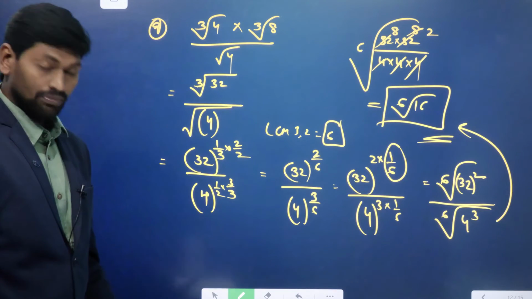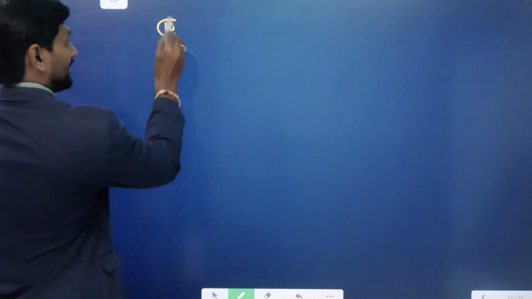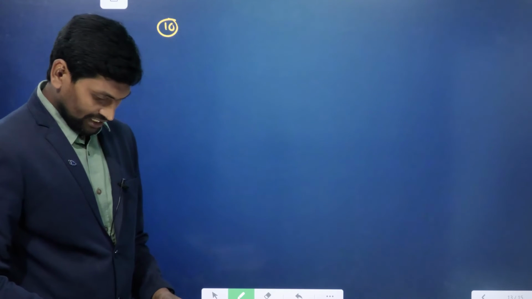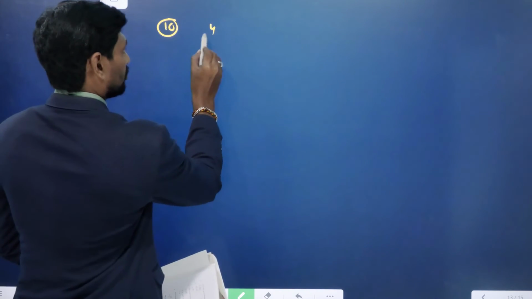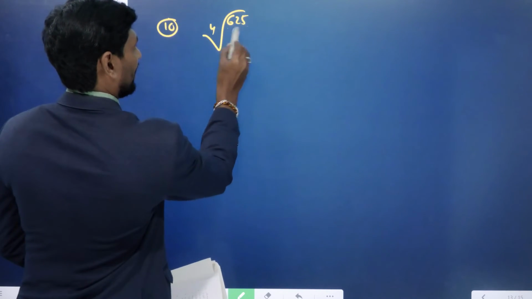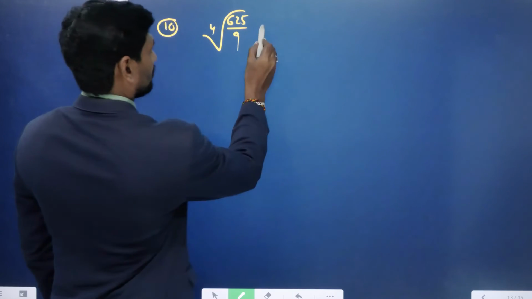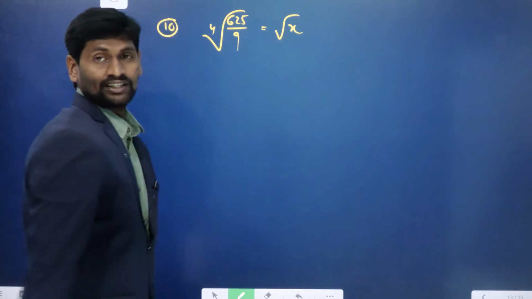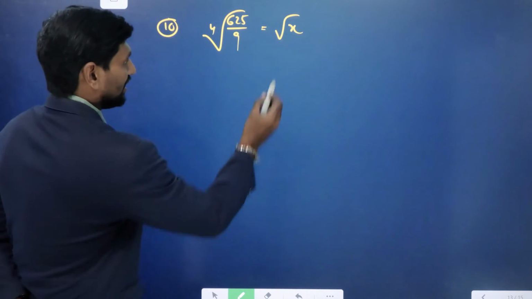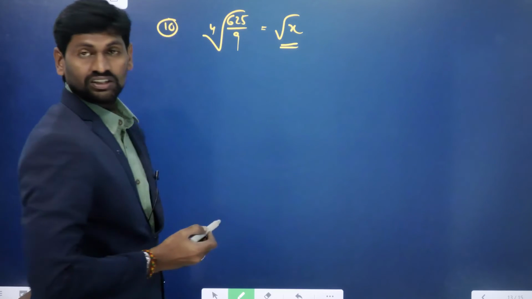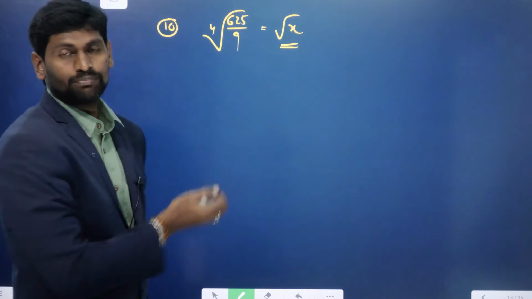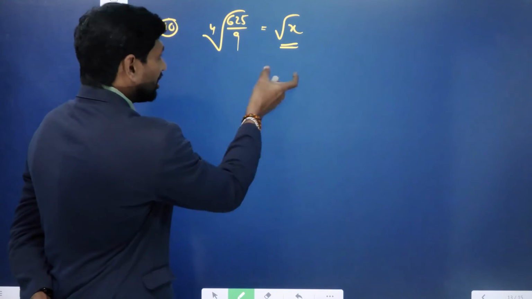So let us go to problem number 10. Just listen carefully, children, to this one. Then you will understand the remaining also. The 4th root of 625 by 9 equals root x. We need to find the value of x. But what is the order of the root here? The order of the root is 2. That means I can do squaring on both sides.